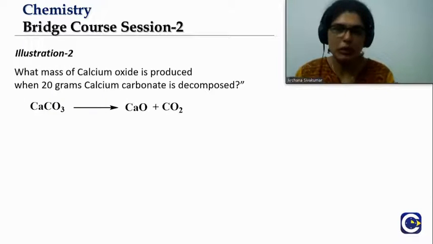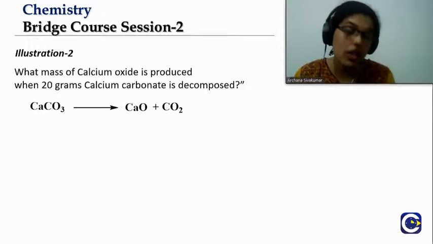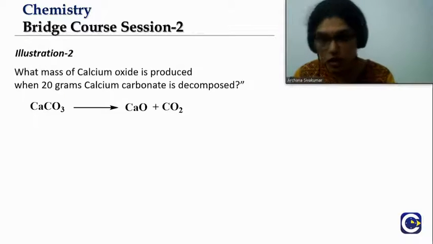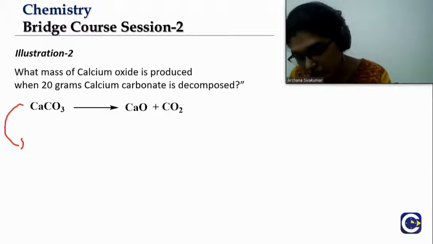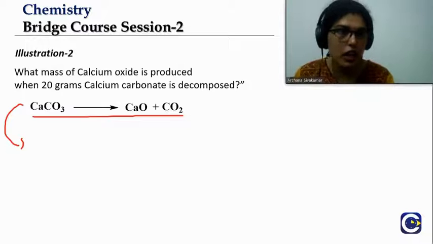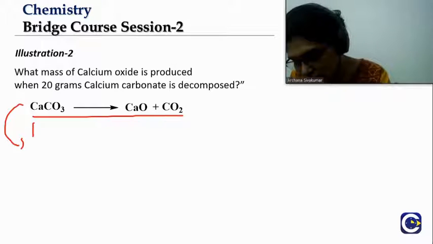Next question. What is the mass of calcium oxide produced when 20 grams of calcium carbonate is decomposed? In this question, we first have to check whether the equation is balanced. Is this balanced? Yes, the numbers of atoms are matching, isn't it? According to this, 1 mole of calcium carbonate will give 1 mole of calcium oxide.